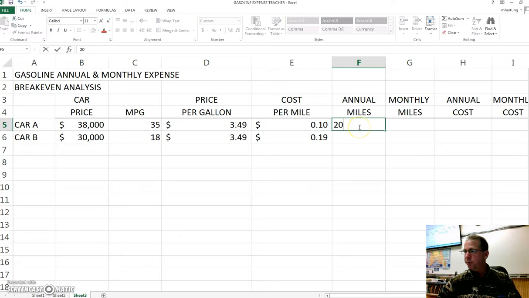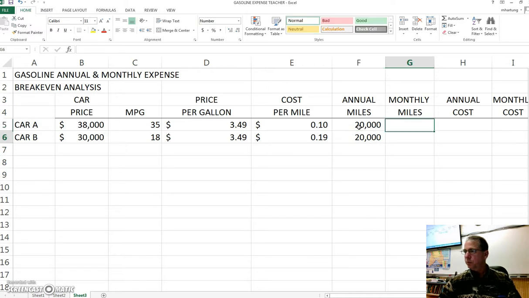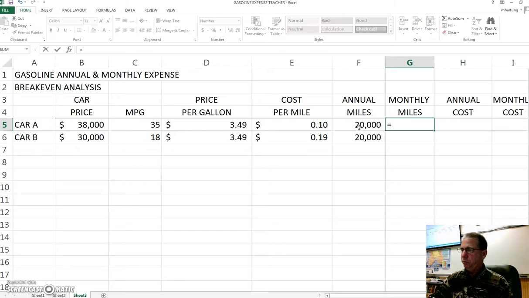Our annual miles are going to be 20,000 for this example. And how are we going to calculate the monthly miles? Yes. The annual miles divided by 12, because how many months are in a year?